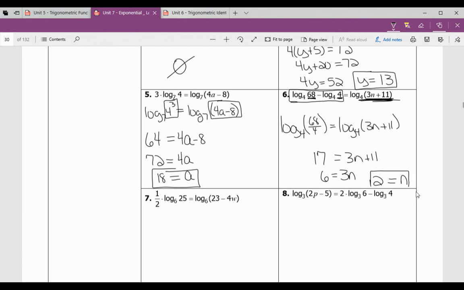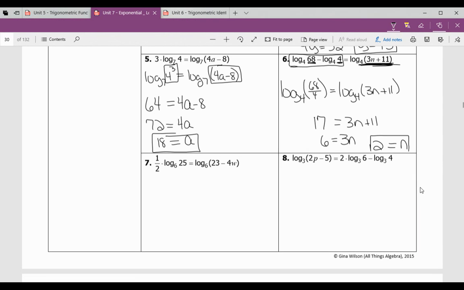All right, the last 2 examples that we're going to do today, and then we're going to stop because the next page has a different type of equation on it. I have my power property here, so I'm going to have to raise 25 to the 1/2 power.